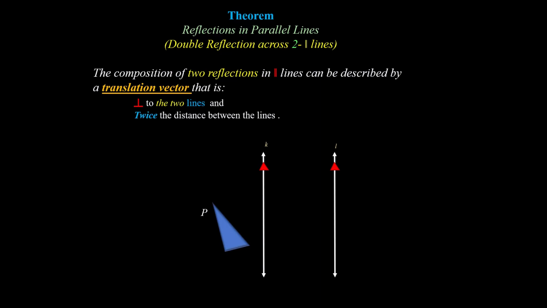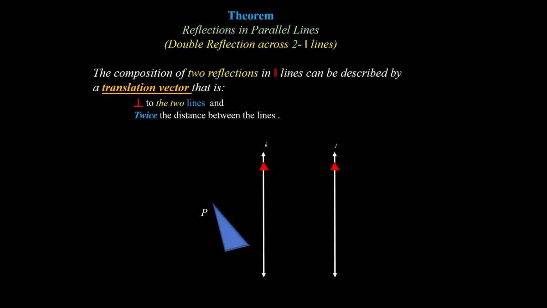So I call this the double reflection across two parallel lines theorem, because that's what you're doing. You're reflecting two times across parallel lines. So then what happens? The theorem says that the composition, the composite transformation, of two reflections in parallel lines can be described by a translation.